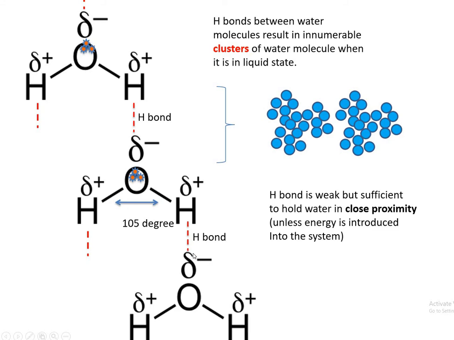We know hydrogen bonds are weak, but there are so many hydrogen bonds, a lot of them. They result in the close proximity of the water molecules. So they exist in that form because of hydrogen bonds. Okay, unless of course you apply heat or energy, you can cause some kind of disruption to these bonds.